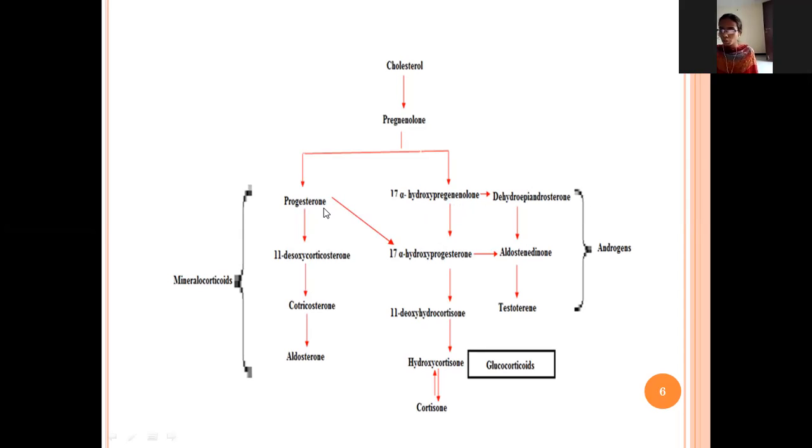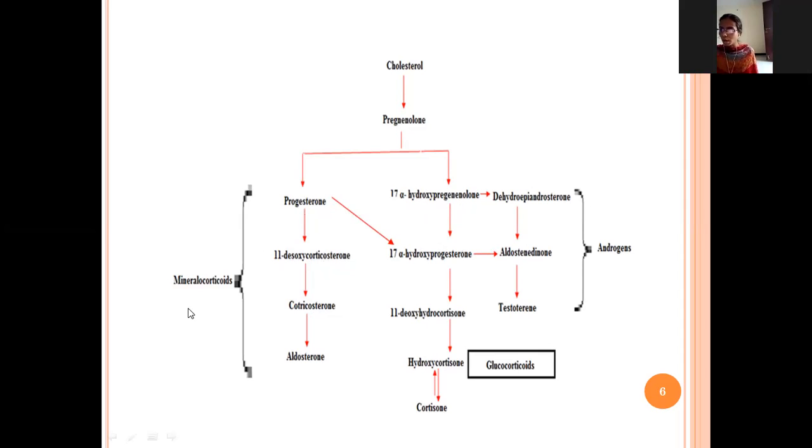This progesterone is again converted to 11 desoxycorticosterone, and this 11 desoxycorticosterone is converted into corticosterone. This corticosterone is converted into aldosterone.